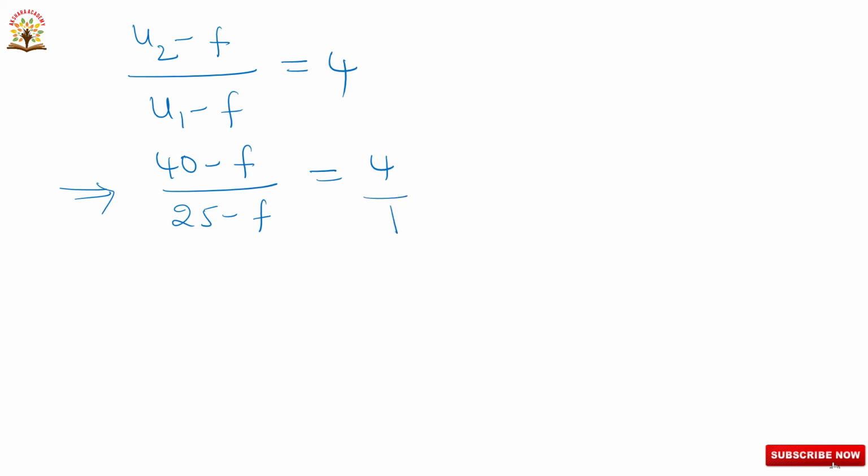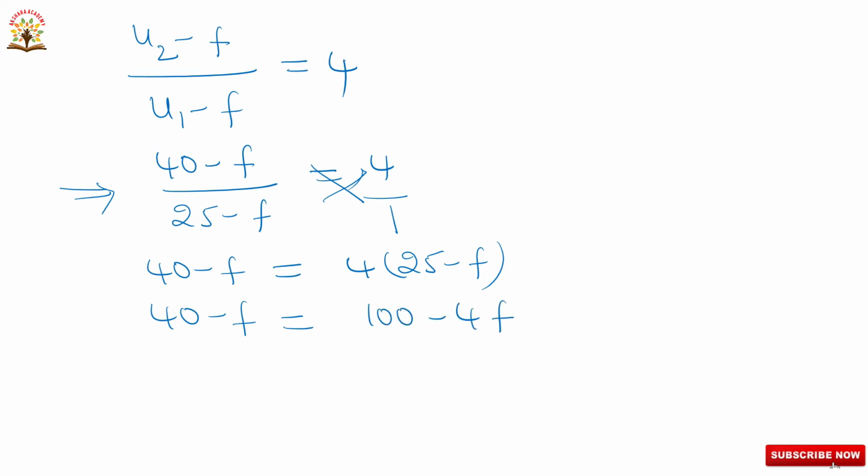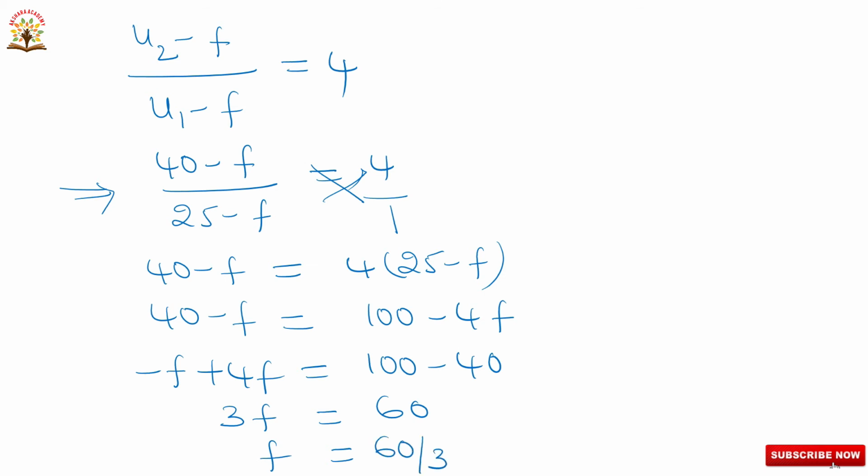Taking cross multiplication, 40 minus f is equal to 4 into 25 minus f. So 40 minus f is equal to 100 minus 4f. So now minus f plus 4f is equal to 100 minus 40. Minus f plus 4f, 3f. 3f is equal to 60. F is equal to 60 by 3, so 20.